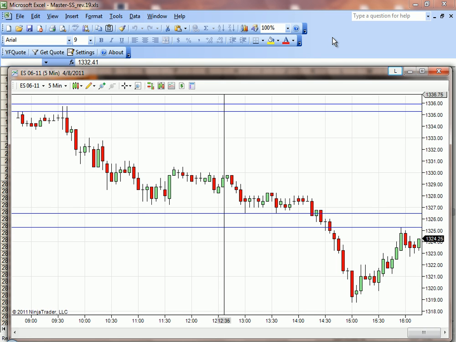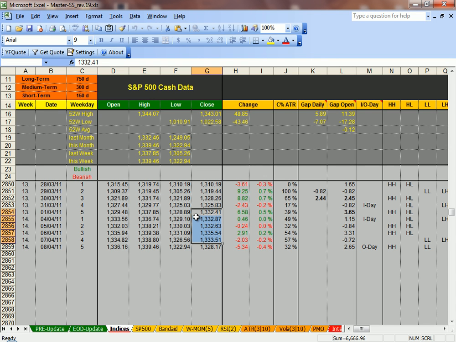To go with this, I'll go over to my spreadsheet work. As I noted to our members, we had five straight days where the S&P 500 cash closed between 1335 and a half and 1332 and a half, basically. And Friday, they came out of the bottom of that on a closing basis.